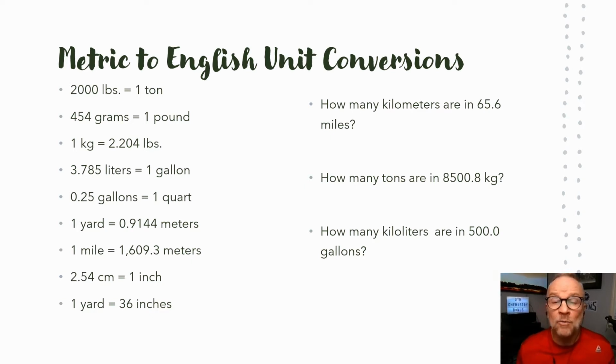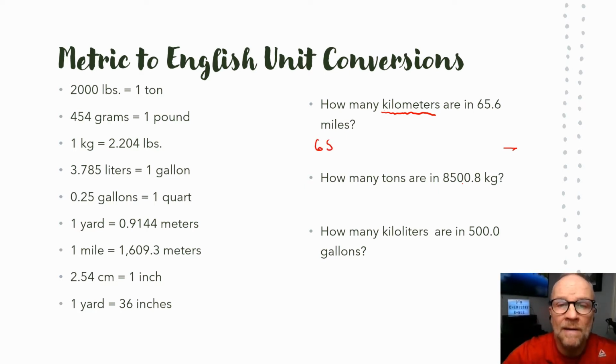As with all these conversions, the first thing you need to do is underline what you're solving for. So you are solving for kilometers, and write down what you're given, which is 65.6 miles. The thing to do is to always get your English unit into a metric unit as quickly as you can.